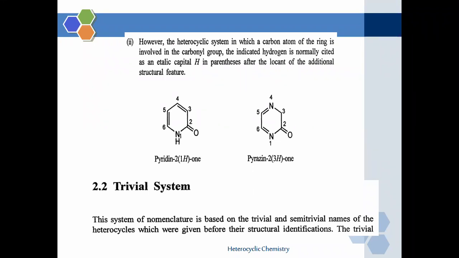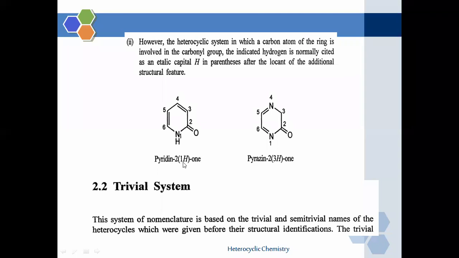And the last rule: in a heterocyclic system in which a carbon atom of the ring is involved in a carbonyl group, the indicated hydrogen is normally cited as an italic capital letter H. So this is additional information. When the compound is partially saturated and partially unsaturated, and one of the carbon atoms in the ring is involved in the formation of a carbonyl functional group, the indicated hydrogen is cited as an italic letter.